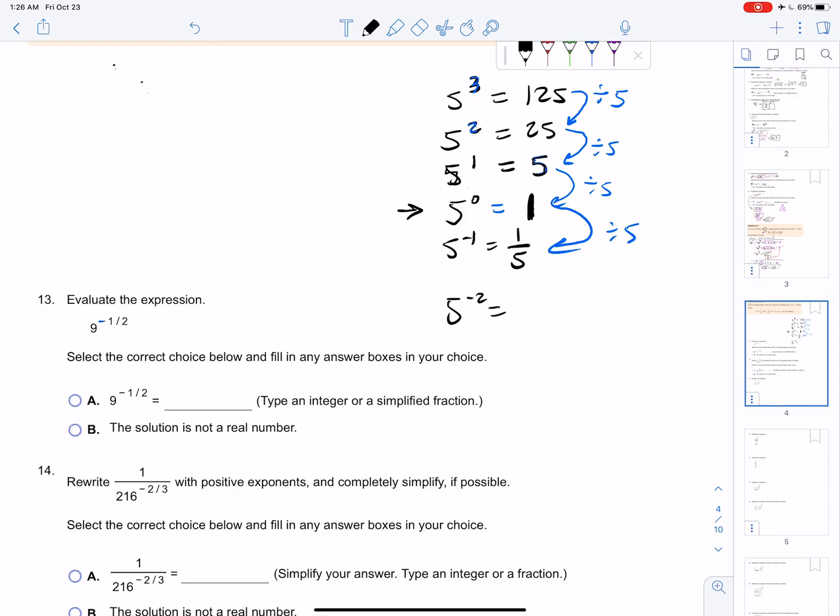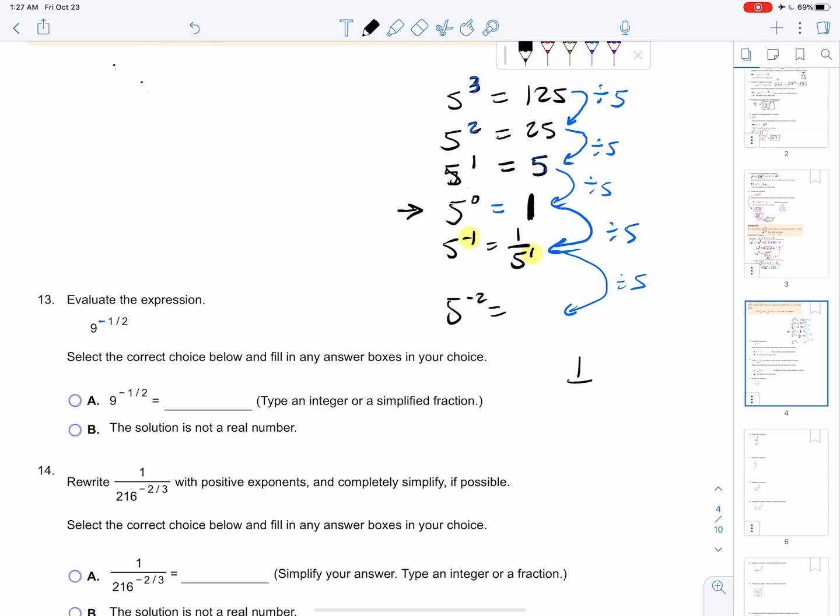And by the way, a 5 is the same as 5 to the first. So notice that negative exponent right there: 5 to the negative first is just 1 over 5 to the positive first. And if you continue with this pattern of taking this and dividing it by 5, well, do we really like to divide by fractions?